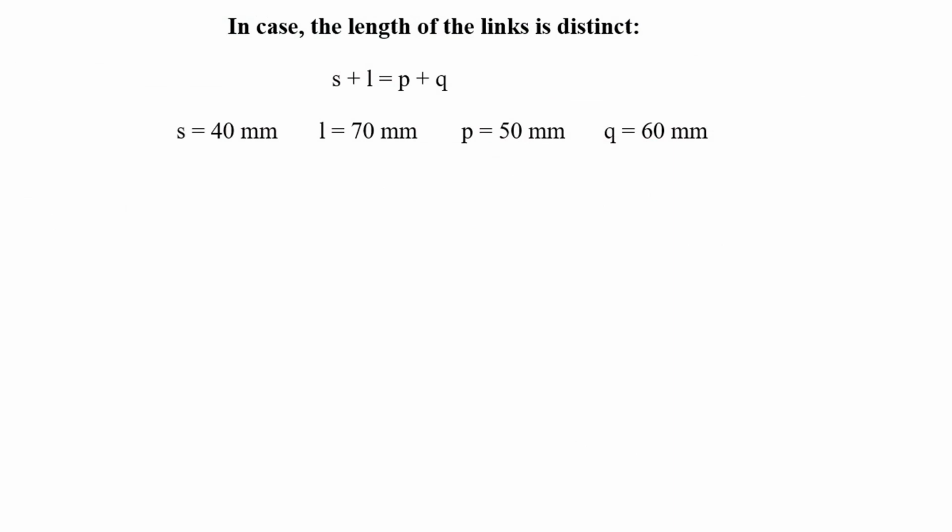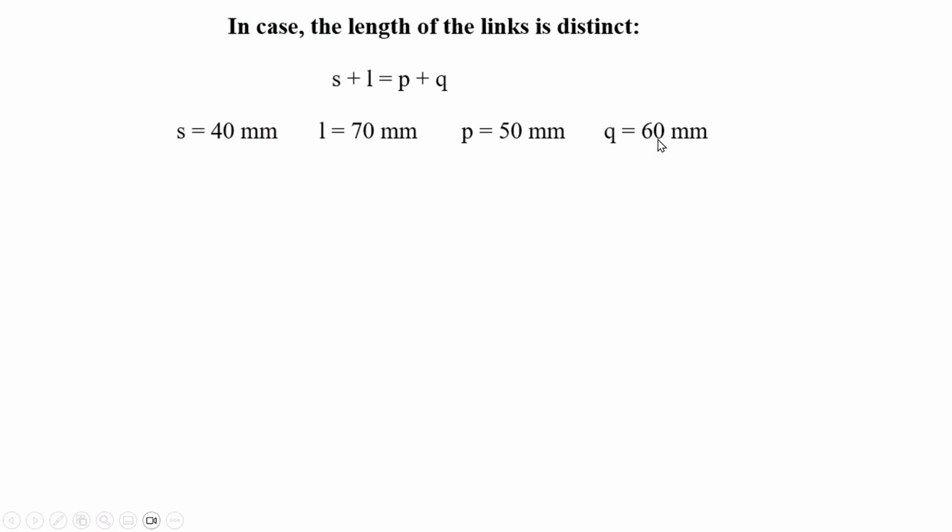Then the other link is 50 mm and Q, one more link, is 60. So the condition is S plus L, that is 40 plus 70, should be equal to 50 plus 60, that is 110. So 110 is equal to 110.